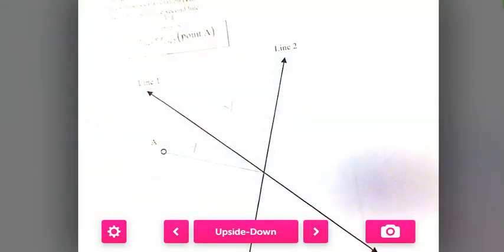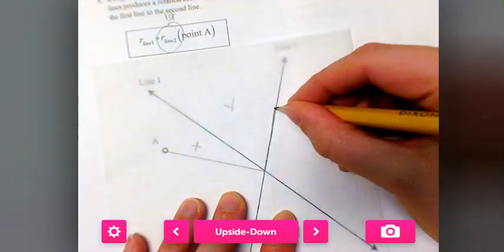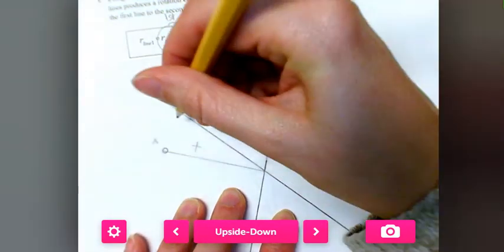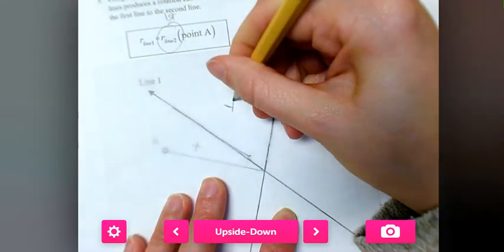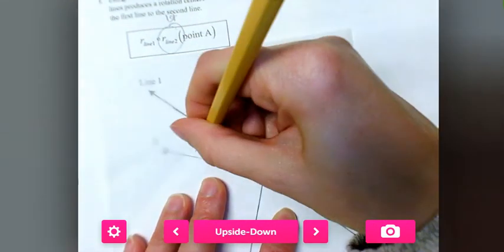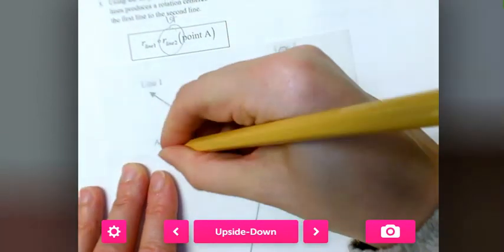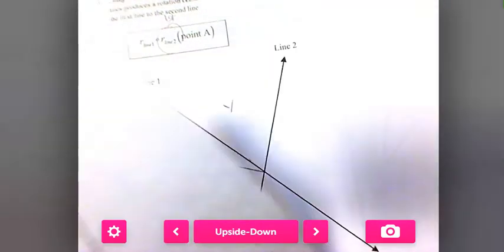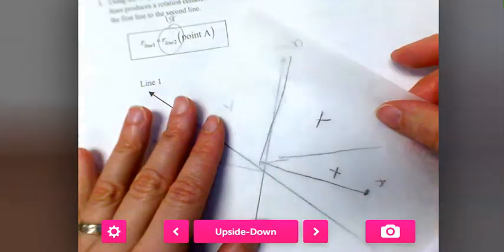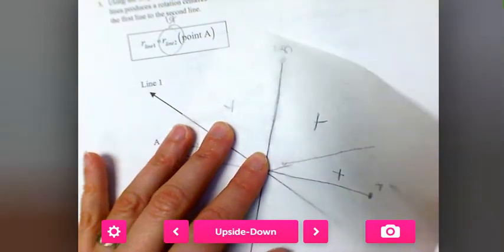Okay. Now I'm going to take my patty paper. Here's line 2. That's what I'm reflecting over. Here's Y. Here's my little bit of X. Right there. That's point A. I'm going to take this whole thing, pick it up, put it back over here. My A is all the way over here.